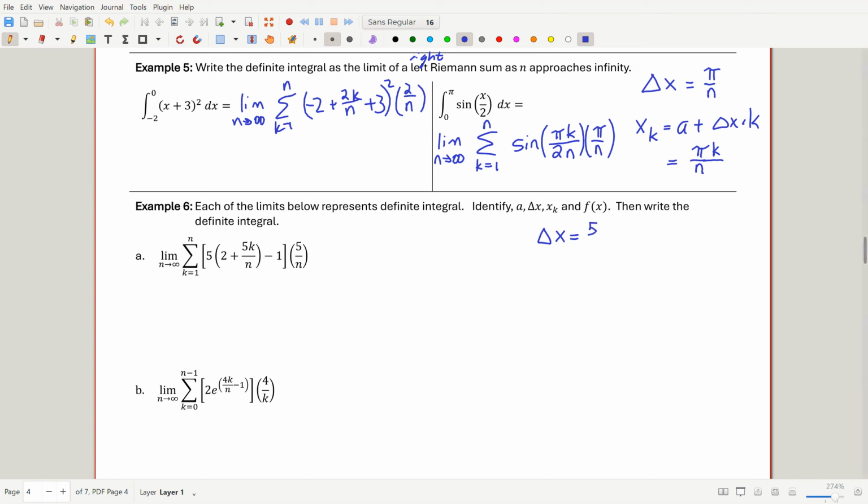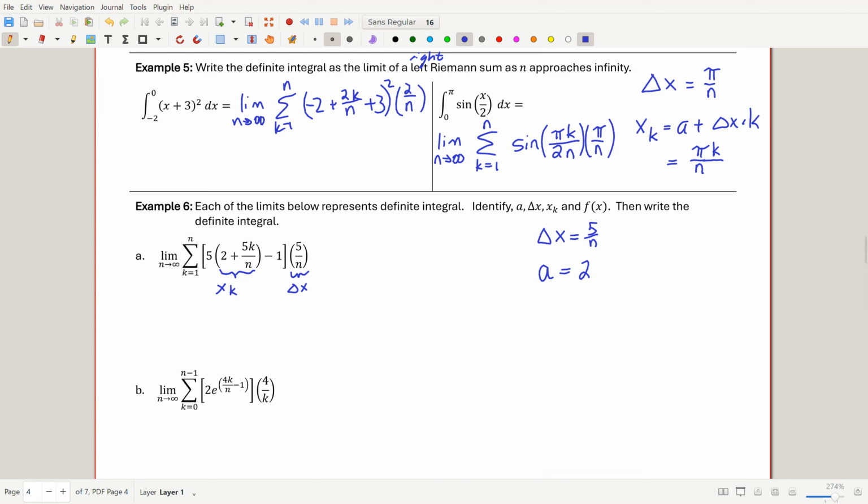Yep, I agree. There's my delta x, 5 over n. What's my a? 2. Correct. So the idea here is we're identifying our xk as this. There's our xk. There's our delta x. Inside of our xk is a plus delta x k. That's what makes our a 2.